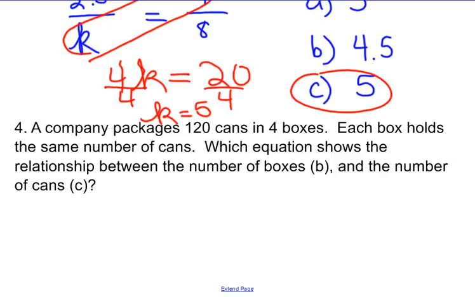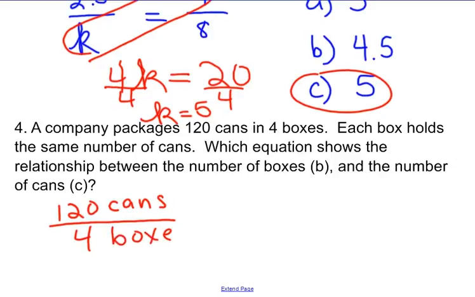Number 4 sounds more complicated than it is. What they ask is that a company packages 120 cans in 4 boxes. So let's write that. 120 cans in 4 boxes. Each box holds the same number of cans.